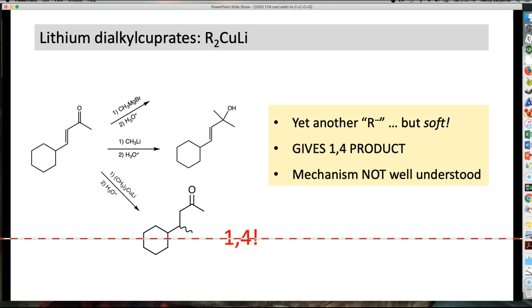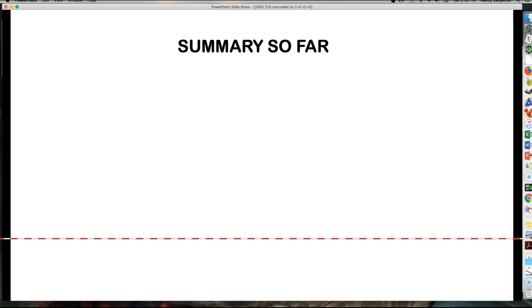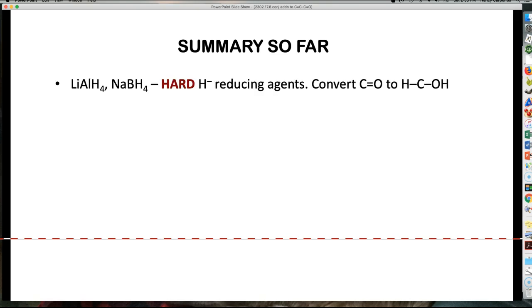I gotta tell you, it's not that simple. The mechanism is not well understood, but the bottom line is, if you want to add a carbon 1,4, it's going to have to be either an enolate, as we will see later, because an enolate is a soft nucleophile, or an organocuprate.